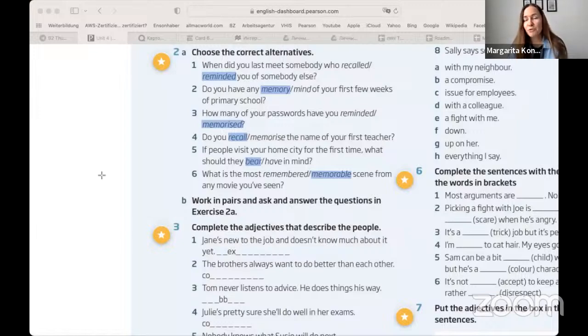But I think for everyone, the most memorable scene is from the film Titanic, where Leo and Kate are standing on the very front of the ship, and this famous song is being played. So everyone can recognize it. It is a wonderful scene. Yes, I agree.